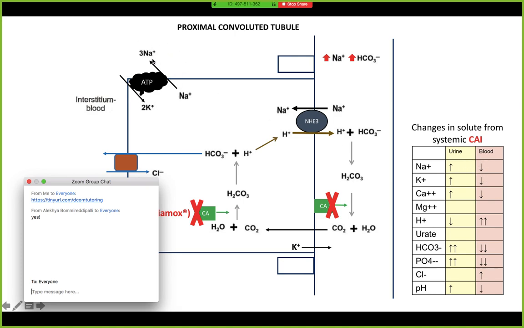And then because this pump isn't working as well, you're going to see less potassium entering the cell.